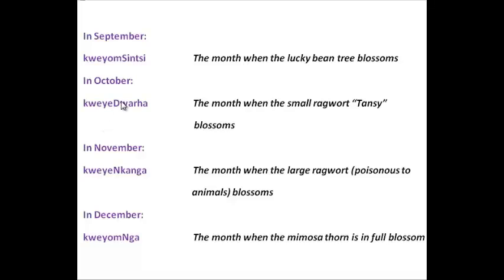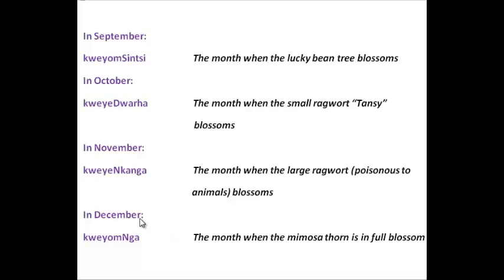In October, Kweye Dwacha, the month when the small ragwort or tansy plant blossoms. November, Kweye Nkanga, the month when the large ragwort, which is a very poisonous plant to animals, blossoms.